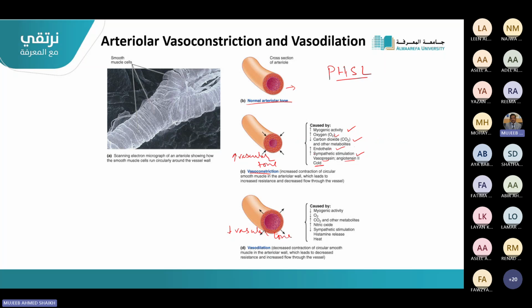All will lead to increased vascular tone or vasoconstriction. Opposite to that, decreased myogenic activity, decreased oxygen, increased CO2, increased release of nitric oxide, or decreased sympathetic activity or increased parasympathetic activity, or application of heat, all will lead to dilatation of the vessel or decreased vascular tone.